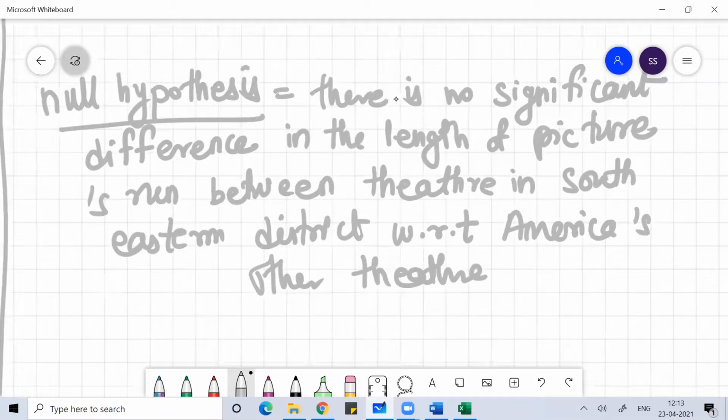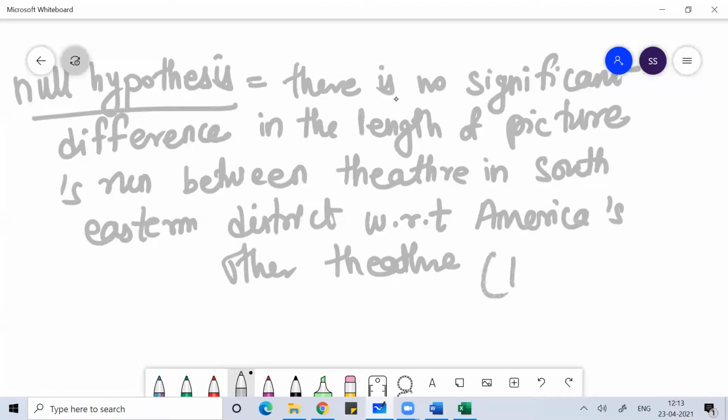So this is your null hypothesis, where you write H0: mu is equal to 84 days. This you write as your null hypothesis.